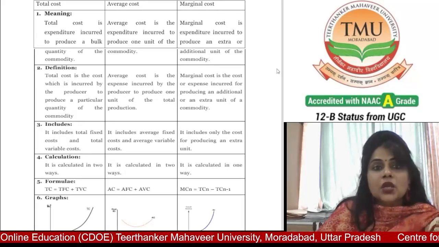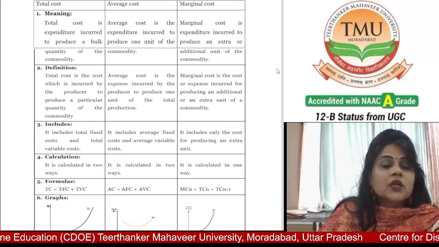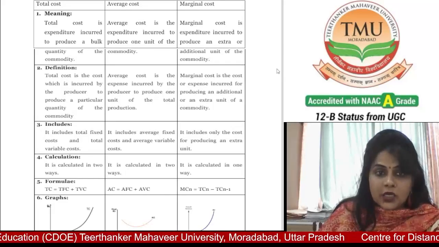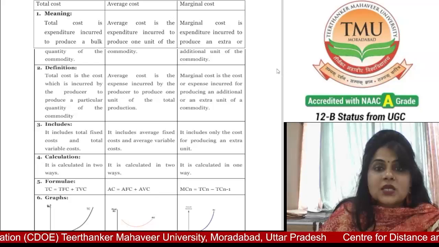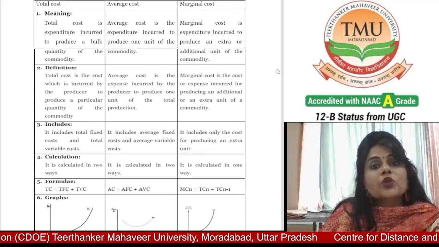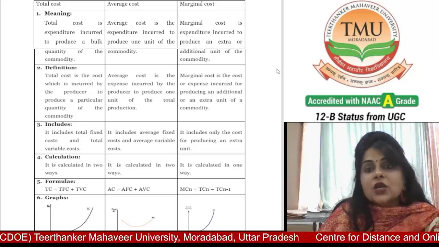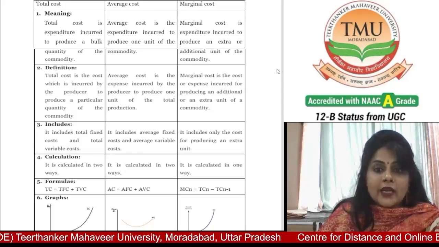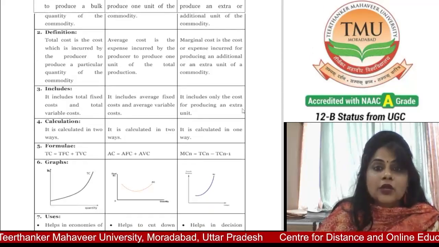Now definitions. Total cost is the cost incurred by the producer to produce a particular quantity of the commodity. Average cost is the expense incurred by the producer to produce one unit of the total production. Marginal cost is the cost or expense incurred for producing an additional or an extra unit of a commodity.